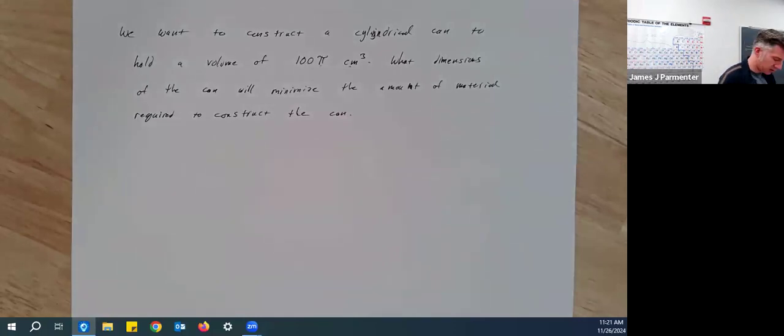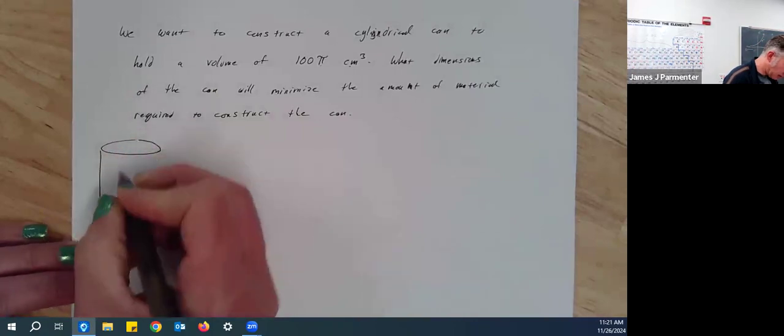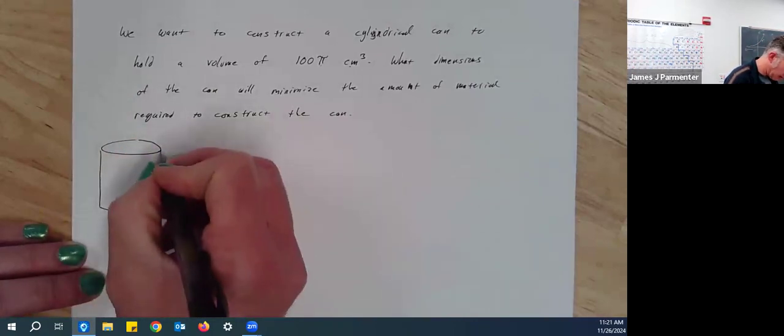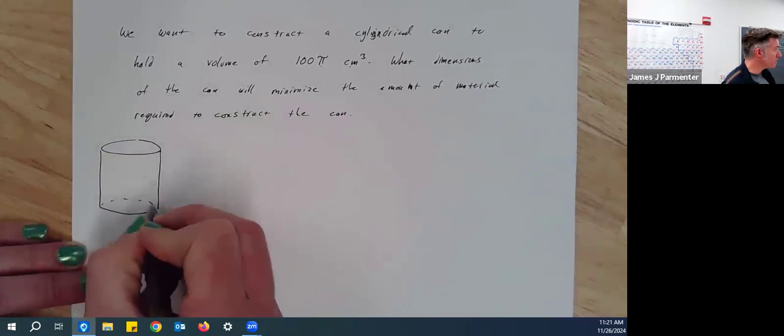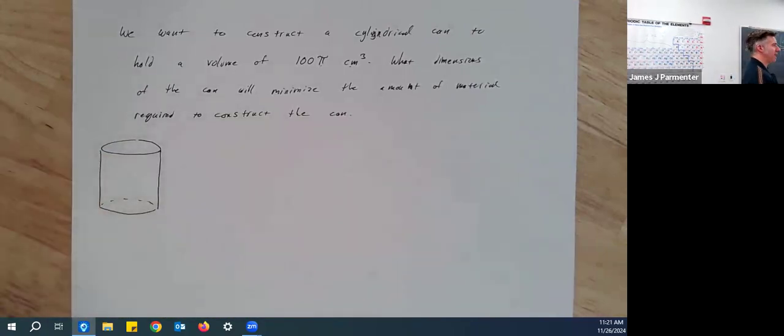But we should draw the can first. Sometimes I phrase this question as a cup instead of a can, because a cup has an open top and a can has a closed top. What I'm thinking of here is like a can of refried beans. That's what I'm actually imagining. What dimensions should the can of refried beans have so it holds this much volume, and I've used the least amount of metal to make it?